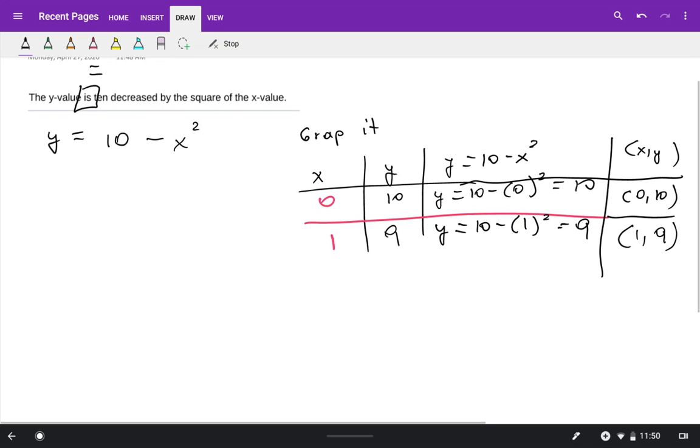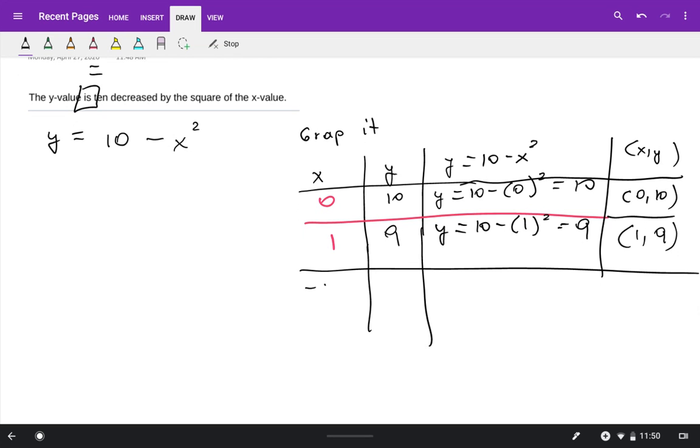And again, you can pick something maybe negative. Make it negative 1. So y is equal to 10 minus negative 1 to the second power, and that will give you 10 minus 1. It's also 9.